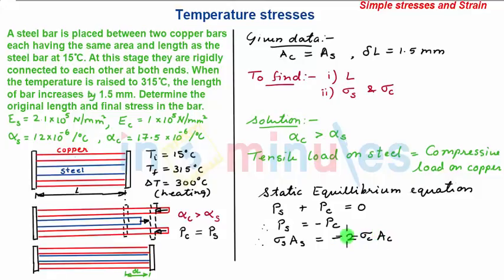This 2 comes here because we have two copper rods. Therefore we have sigma S is equal to 2 sigma C. Now AS and AC get cancelled since it is given that AS is equal to AC. Now let this be equation 1.